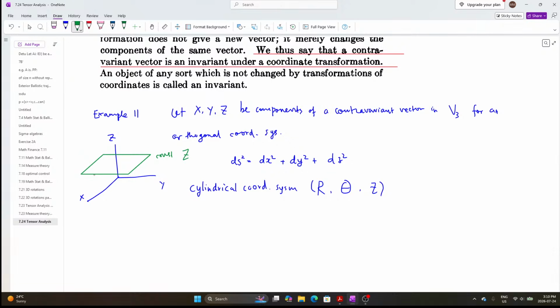Constant r is the cylinder, hence the name. Let's draw the constant r surface. This is a constant r, it's just a cylinder.